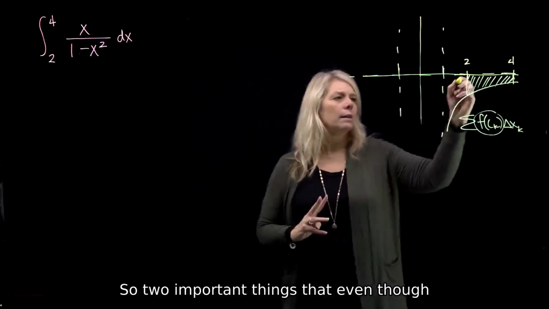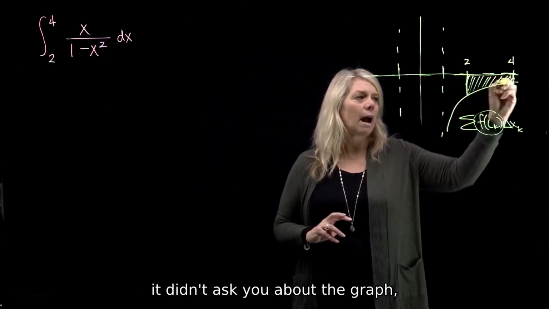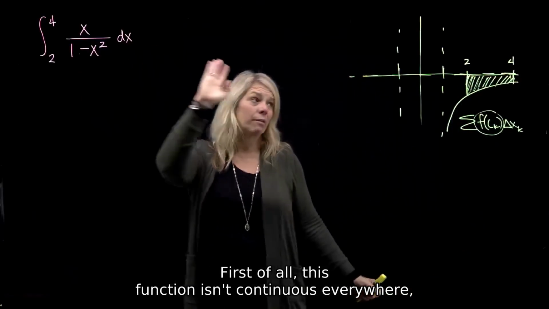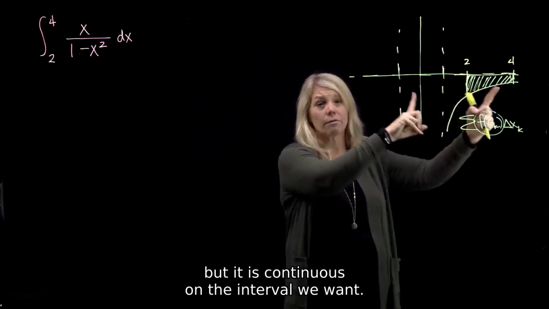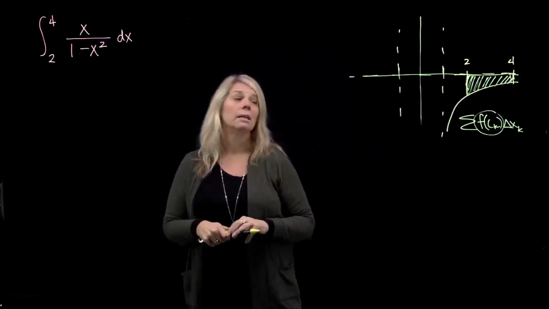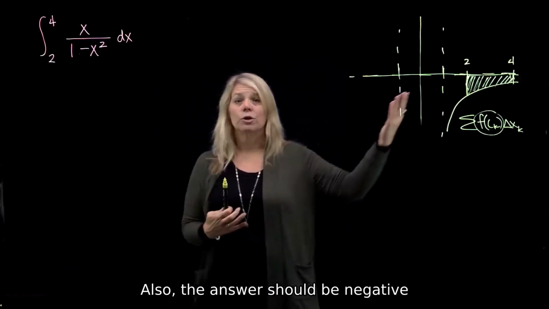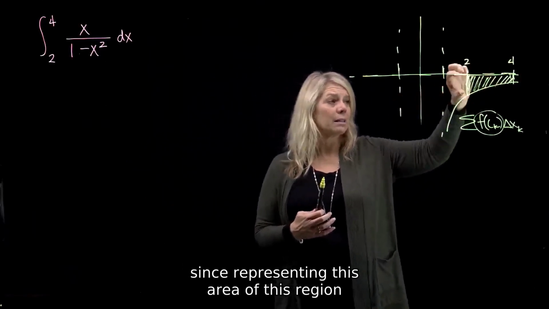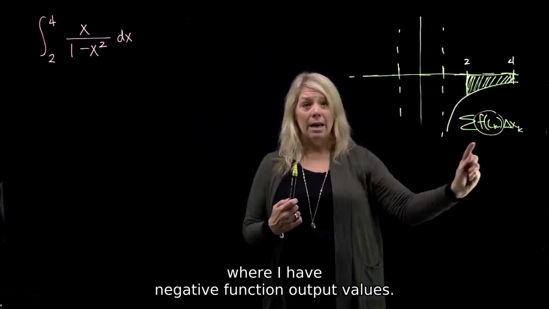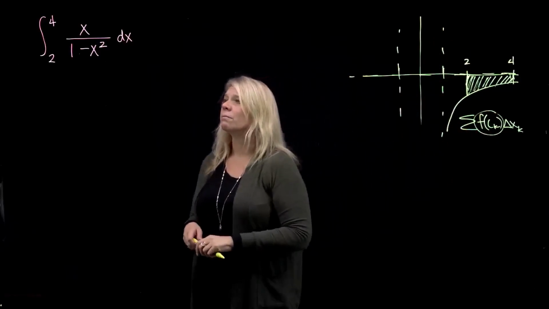So even though the problem didn't ask about the graph, two important things can help you. First, this function isn't continuous everywhere, but it is continuous on the interval we want, so I can use the fundamental theorem of calculus. Also, the answer should be negative. It's representing the area of this region below the x-axis, where I have negative function output values.